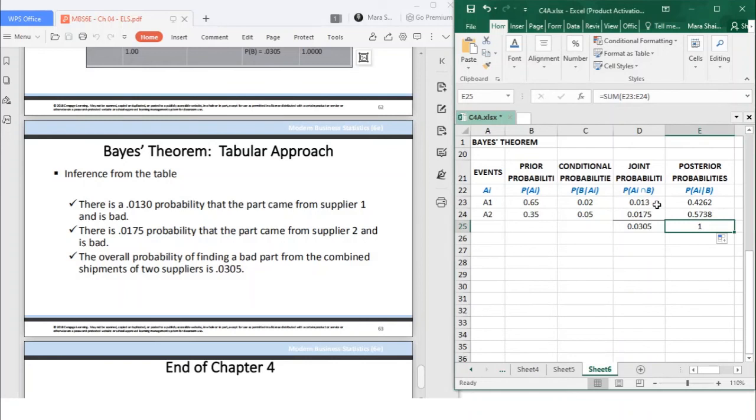Now, there is a 1.75 probability that the part came from supplier 2 is bad. And then the overall probability of finding a bad part from the combined shipments of the two suppliers is 0.3. That is the probability of the bad part, which is the analysis we made a while ago. So, that is the Bayes theorem.